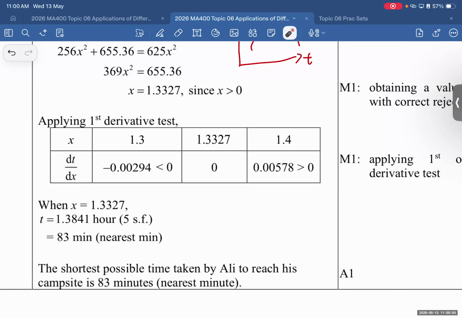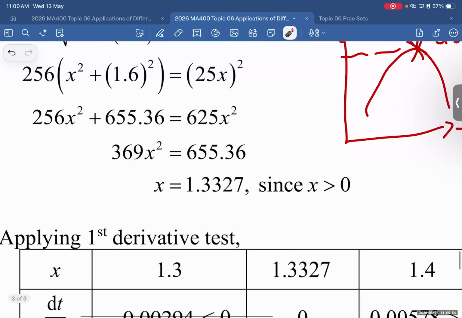655.36 divided by 369. Take the square root of the answer. 0.32.